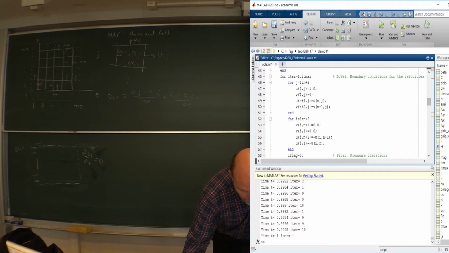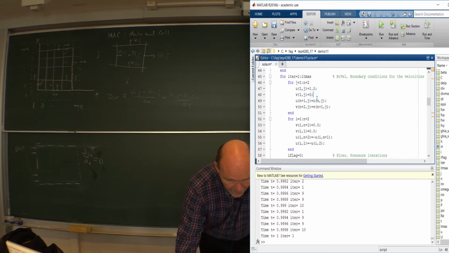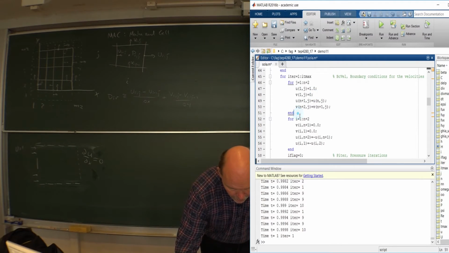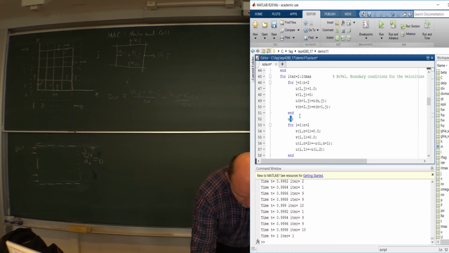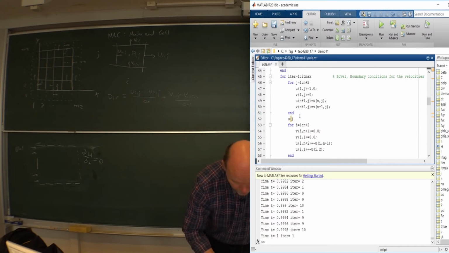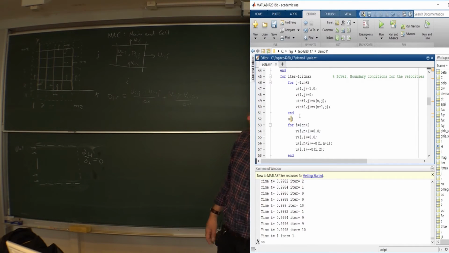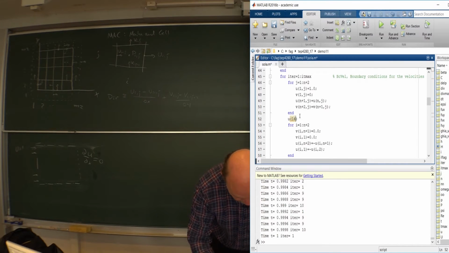So here we have the boundary. U is set to be 1, that's okay. V is 0, that's okay. But I now say U, for let's say, what should we take, from 16 up to 22 or something, equals 0.